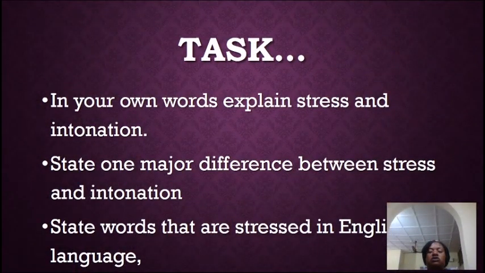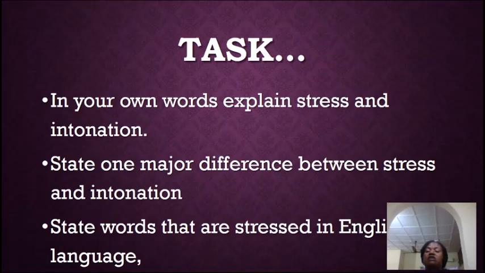Now, the use of content words and functional words. Remember, I said earlier that the English language is rhythmic in the sense that it's like music. When you are making a sentence, you find that your words go up and down, up and down, because of the stress and the intonation. For different utterances, there are different intonations.